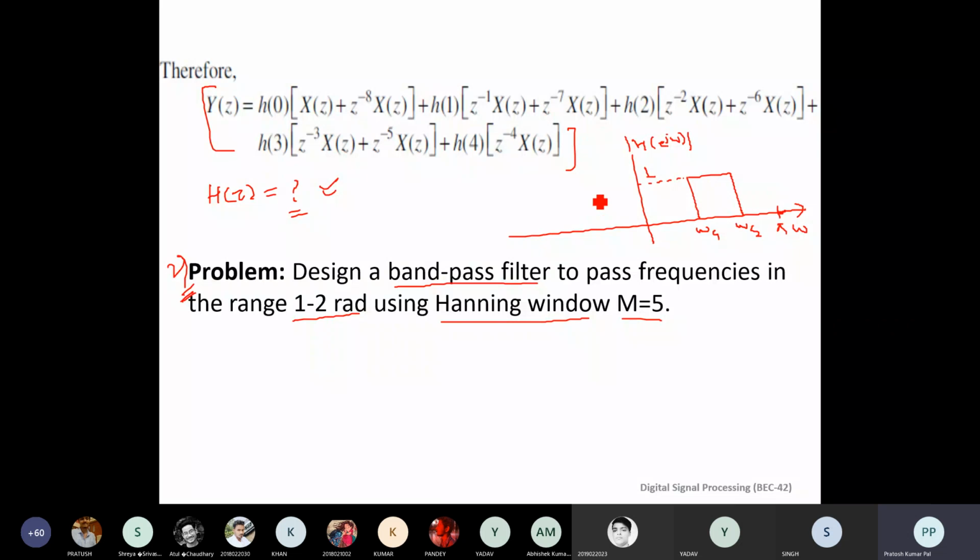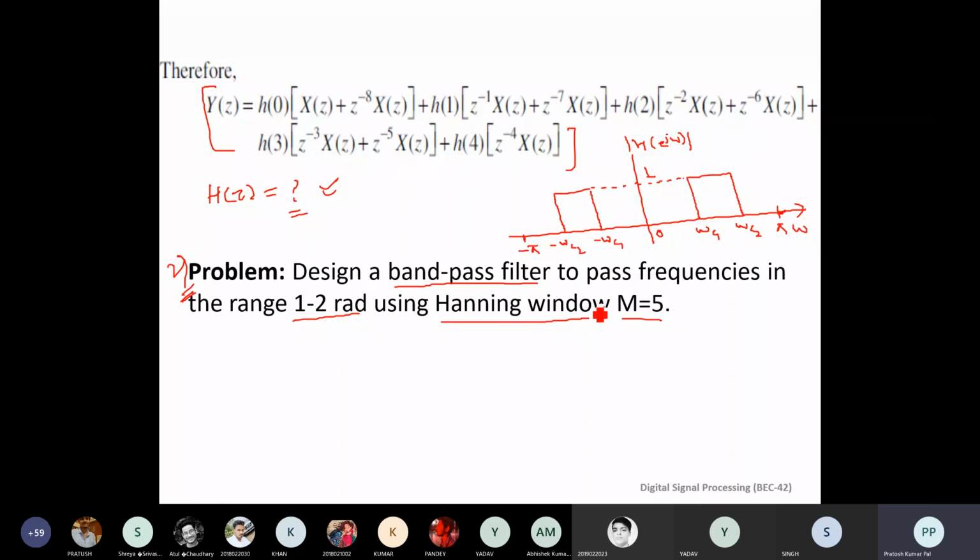Similarly in the negative direction, this will be minus omega c1, minus omega c2, and this will be minus pi, because it should be periodic with a period of 2 pi, so it is considered 0 to pi in the positive direction and 0 to minus pi in the negative direction. This will be the generalized magnitude response of a band pass filter.